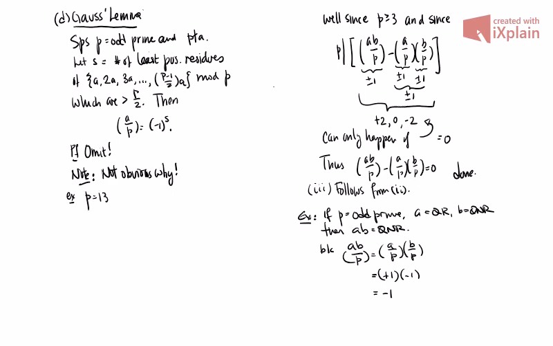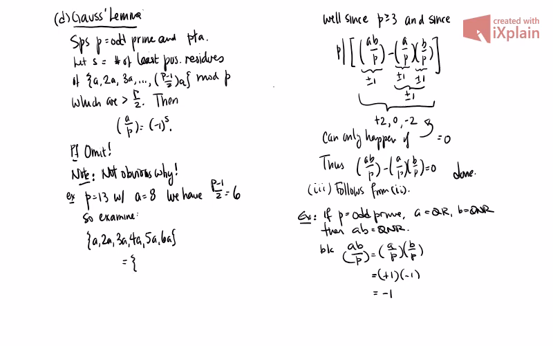So consider p equals 13 with a equals 8. So we have p minus 1 over 2 is 6. So I'm going to examine all of these: a, 2a, up through 6a.